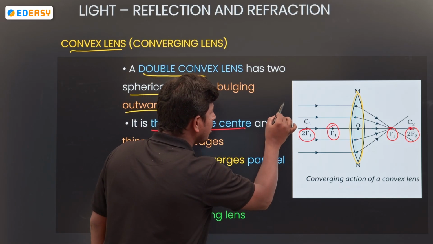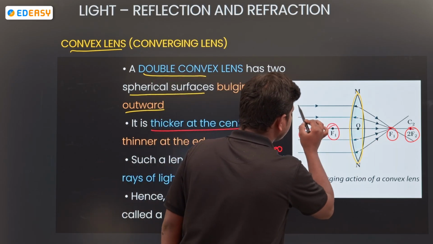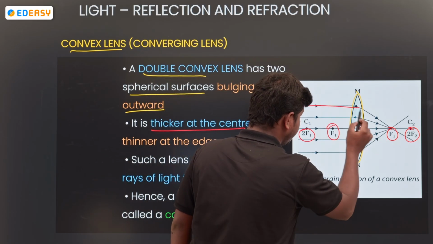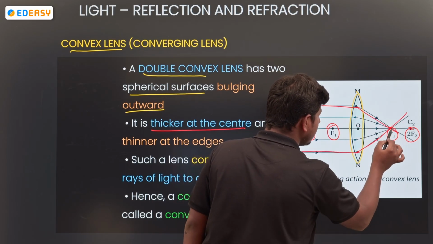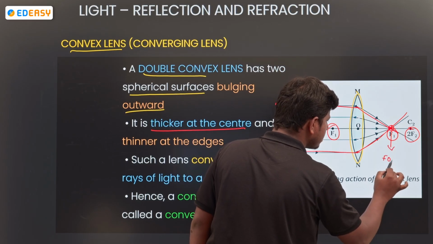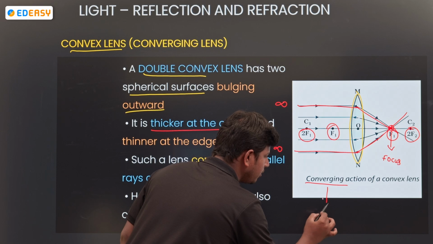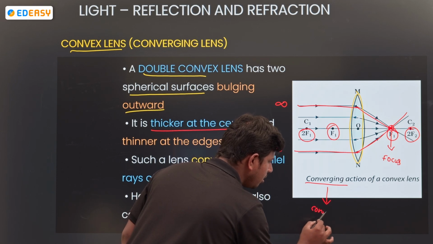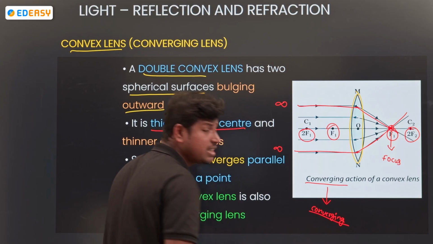See, a ray coming from infinity, after traveling through the lens, meets at one point that we call the focus. Converging. Which lens is that? Converging lens. Why is it converging?